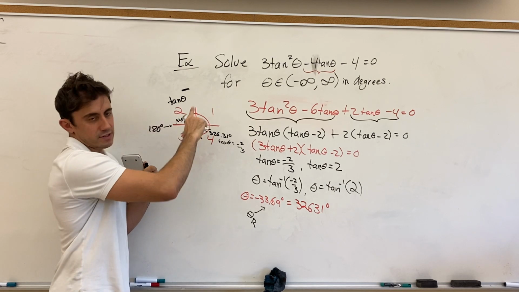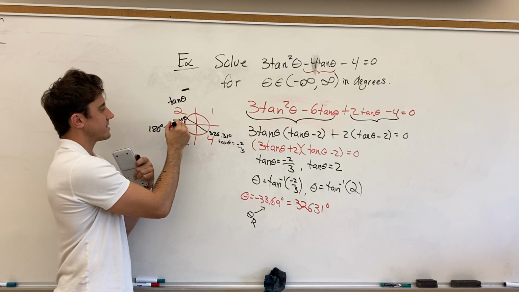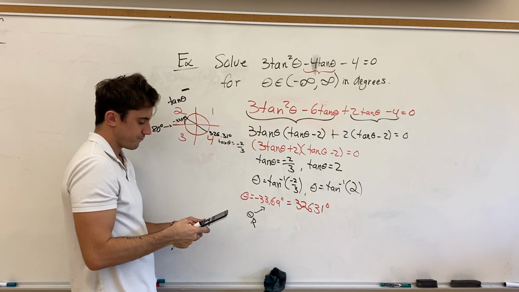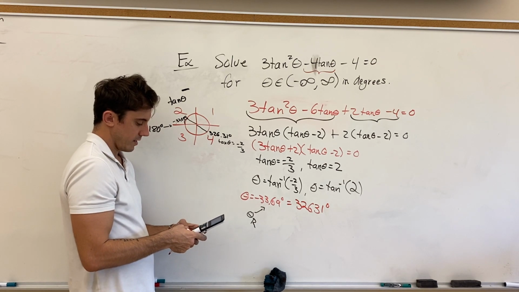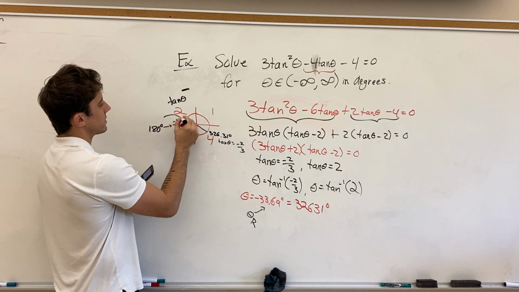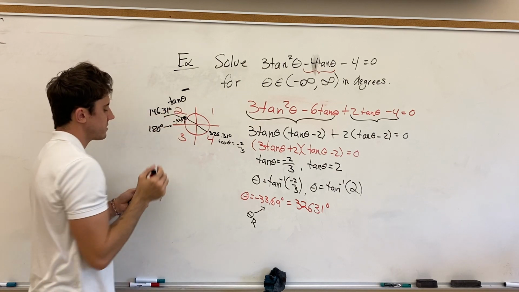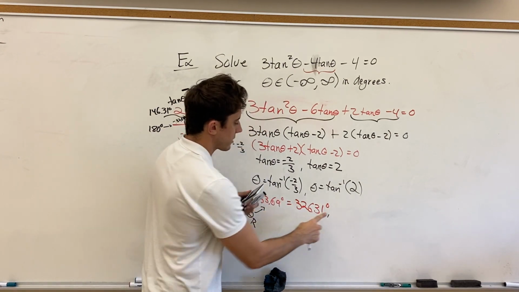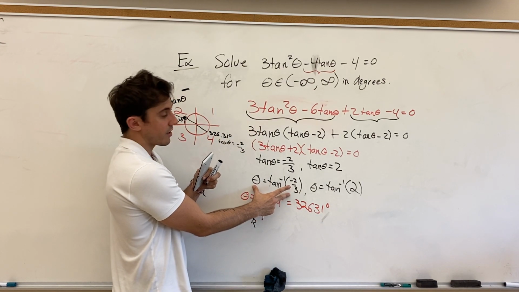It's a reference angle of 33.69, and so we're gonna go 180 minus 33.69, and what does that turn out to be? 180 minus 33.69, that takes us to 146.31 degrees. And so that's going to be our second solution for our first theta value here.